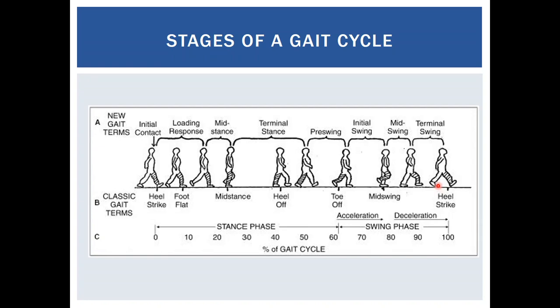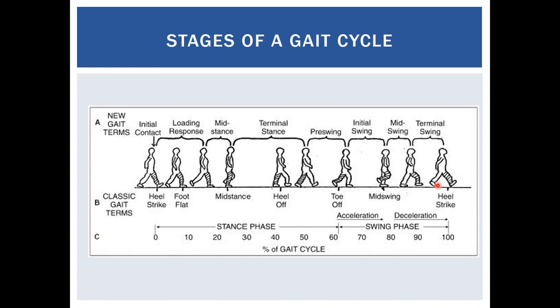So broadly, the gait cycle is divided into the stance phase and the swing phase. Swing phase can again be divided into the acceleration phase and the deceleration phase. So stance phase is basically where the foot that we are visualizing is planted firmly on the ground. Swing phase is when the foot is in the air. So suppose we are saying the right and the left foot.